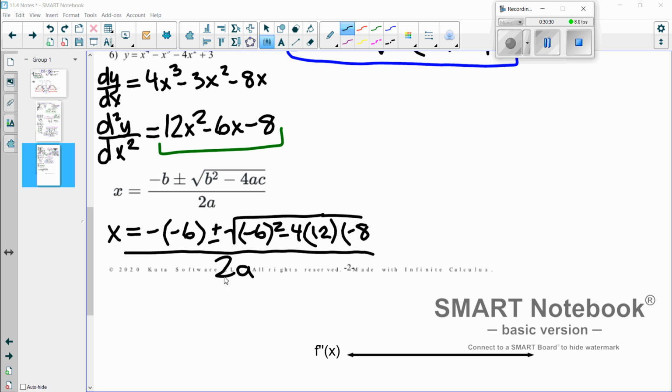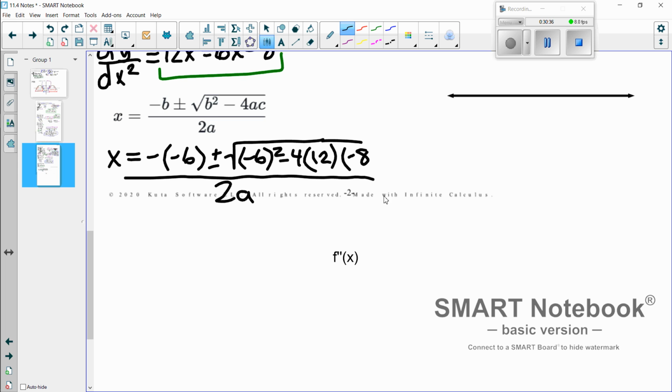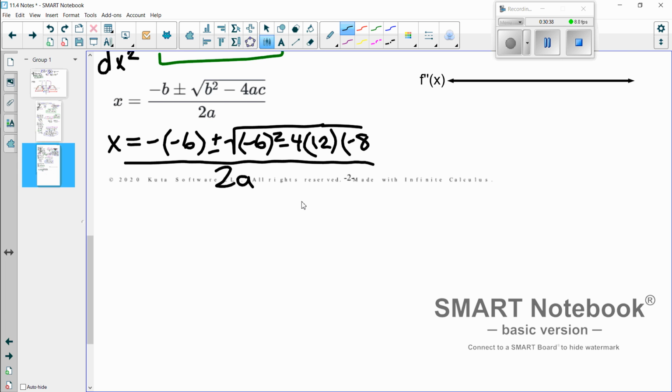So there you have it. What I want to do is get it to a point where we can type it into our calculator to get that x value. So let's simplify this a little bit, and I'm just going to do it live here. I'm going to change the signs: a negative and a negative is just positive. Plus or minus, and under the square root, I'm going to do 36.